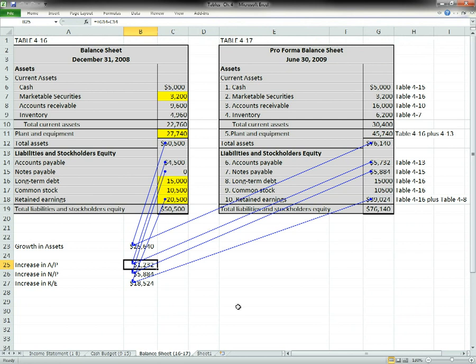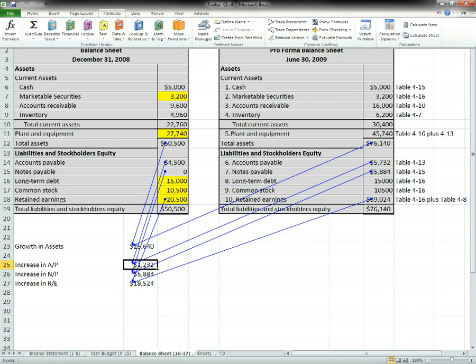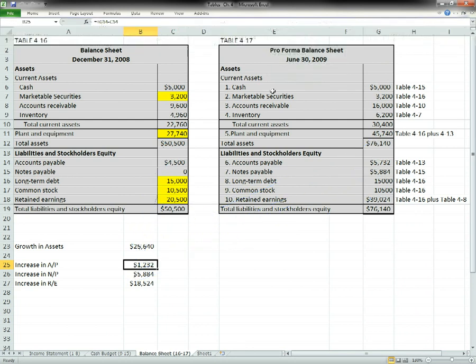So if we add up, and let me clean these up, remove those arrows, if we add up the various liability accounts, we find $25,640, which, not coincidentally at all, by design, is exactly the amount that our assets have grown.